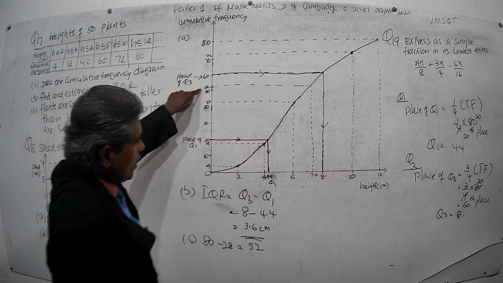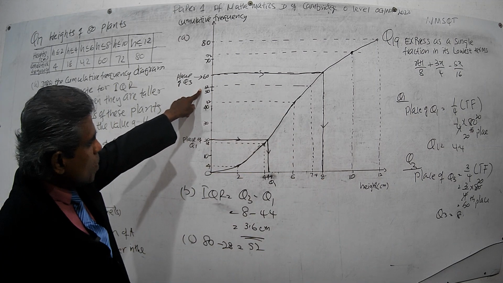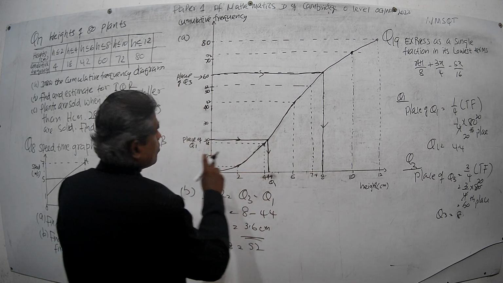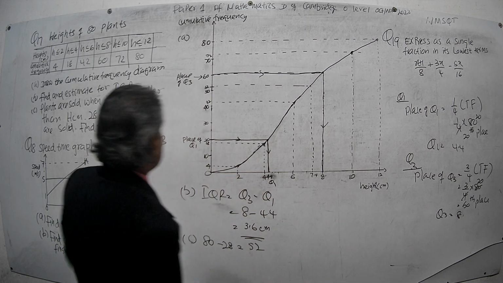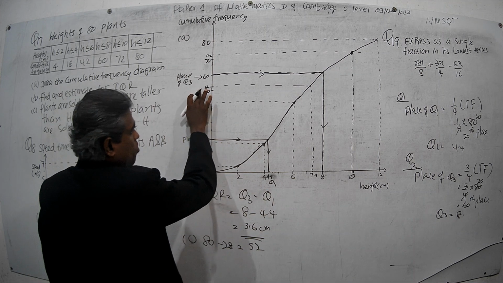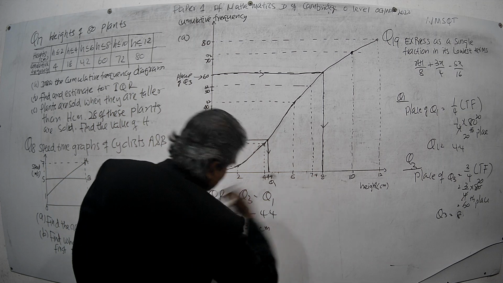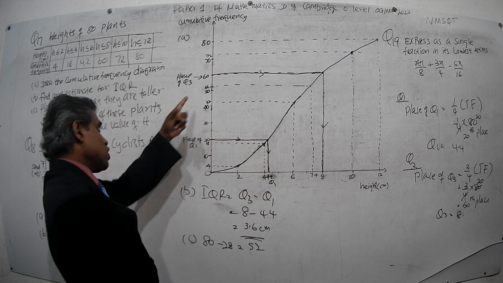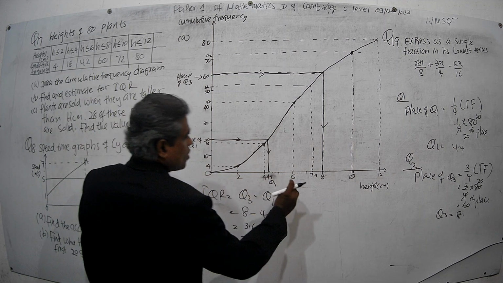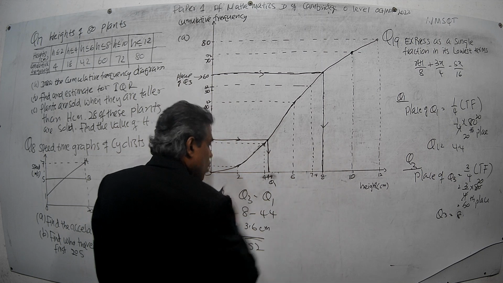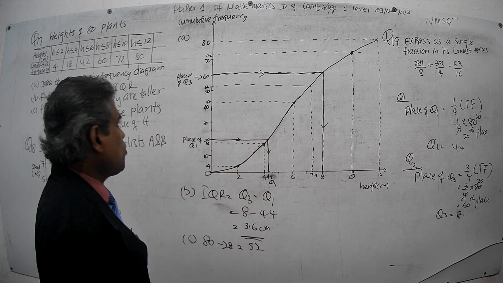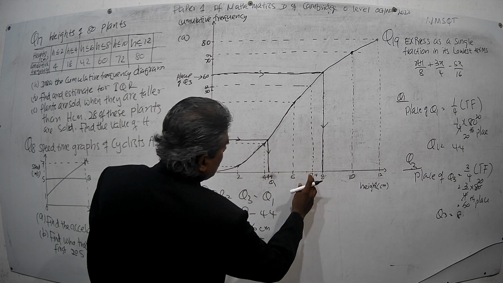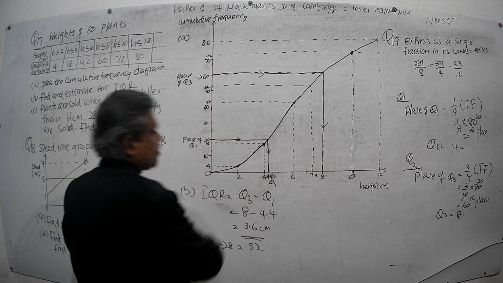This 52 means 52 plants have the height 7.4 or less. That means the cumulative frequency of 52, the total number of plants whose height is 7.4 or less, is 52. So this 52 includes all the plants whose height is 7.4 or less.